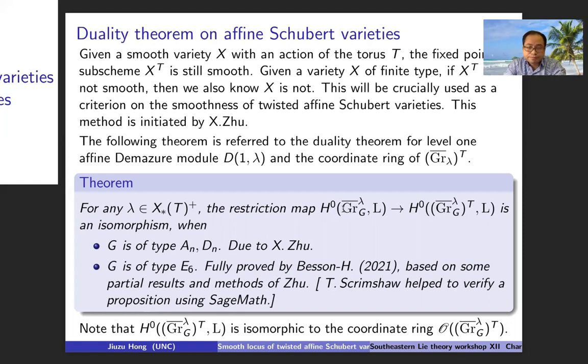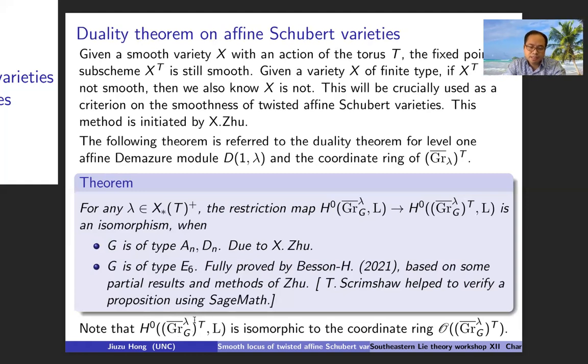Okay, so here I want to make a remark. The T-fixed point subscheme of the affine Grassmannian has an underlying set that is finite, but it may have a highly non-trivial, non-reduced structure, but it is affine.